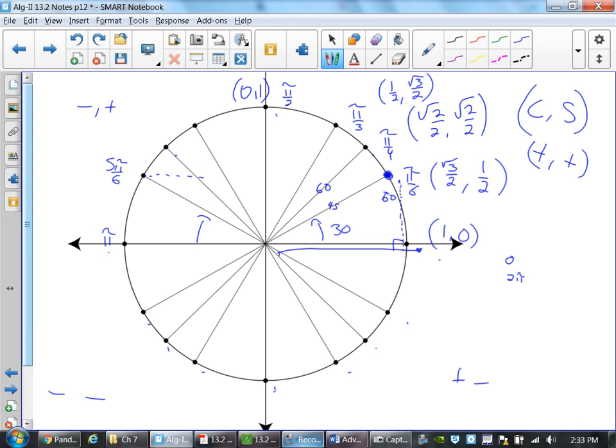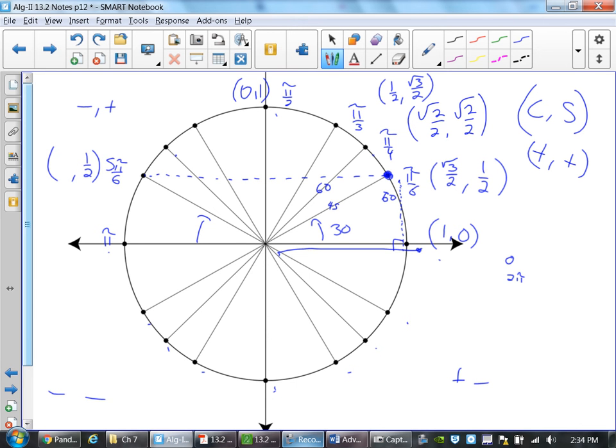The only thing that changes is I come across, see how it's still parallel to the x-axis? Does my y value change? No. If it's horizontal, its y value doesn't change. So I know that I'm still going to have 1/2 for my sine value.